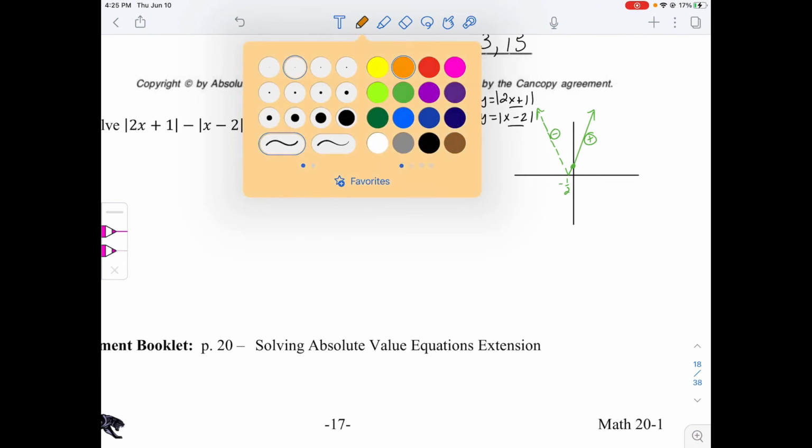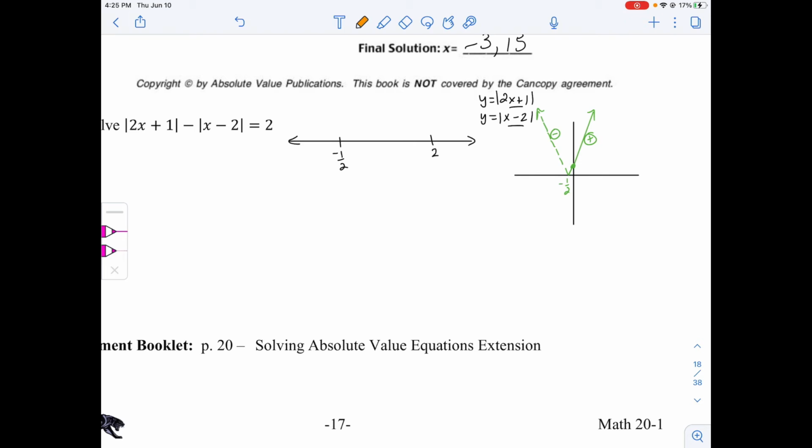Okay? And then the absolute value of x minus 2 would have looked like this, with a slope of 1. Of course, this would continue down, but now this would reflect up.